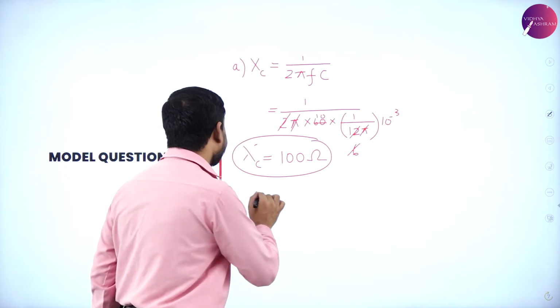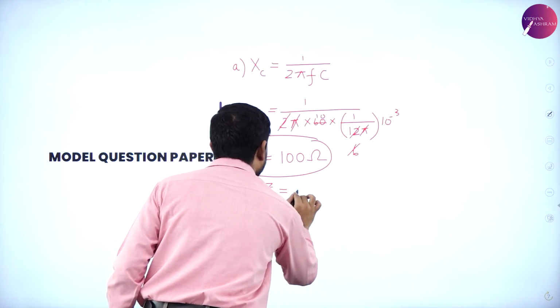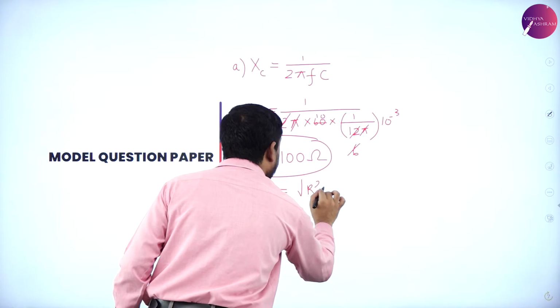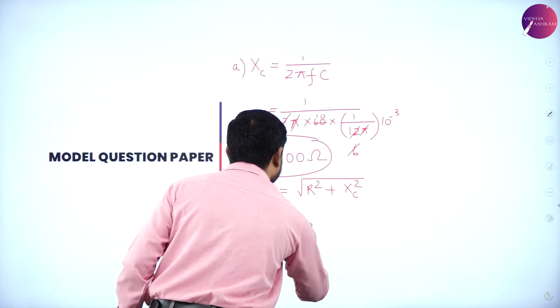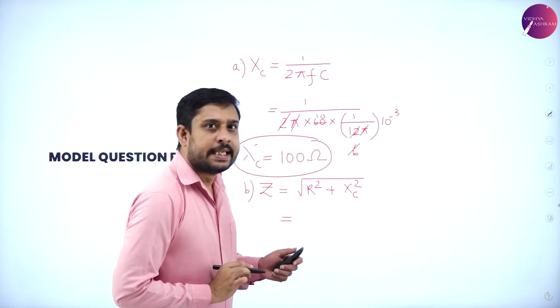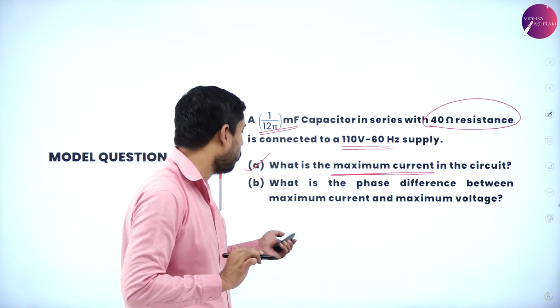Now we calculate impedance Z, which is root of R square plus XC whole square. The resistance value is given very clearly, 40 ohms.